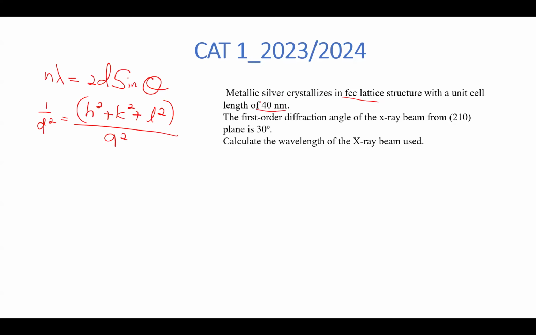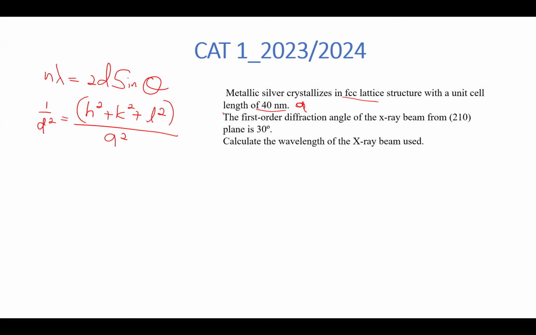Here it doesn't clearly say this is a cubic lattice or cubic unit cell, but by giving only the unit cell length, it implies that it is, of course, a cubic unit cell. Then we have the a value. You all can see my writing, right?